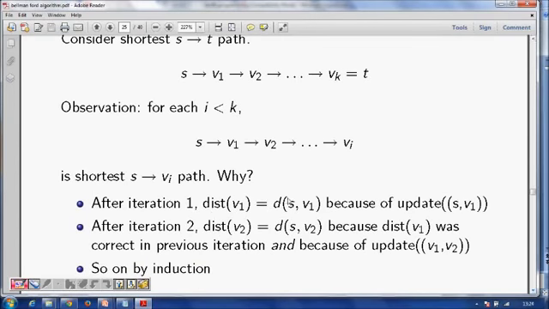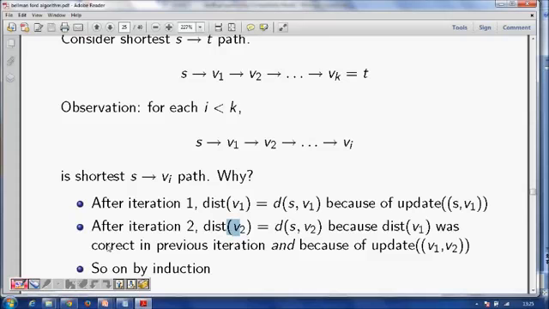After iteration 1, the distance of v1 from S, because of the update from S to v1, will become the shortest. So in iteration 1, for the one-hop distance, the first node v1 will have the shortest path. After iteration 2, the distance of v2 will be equal to the distance of s comma v2, because the distance of v1 was correct in the first iteration.